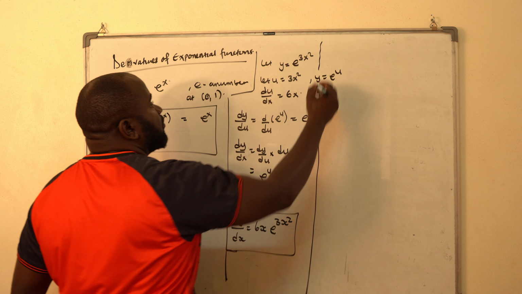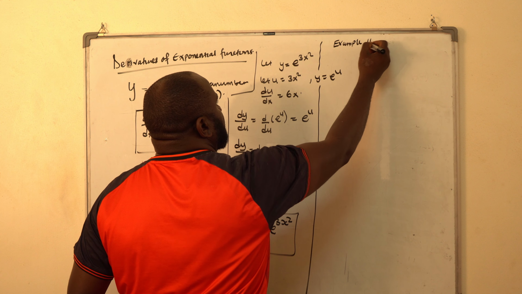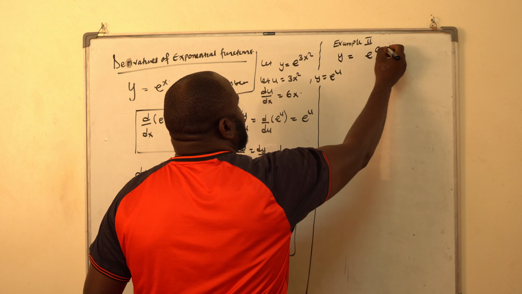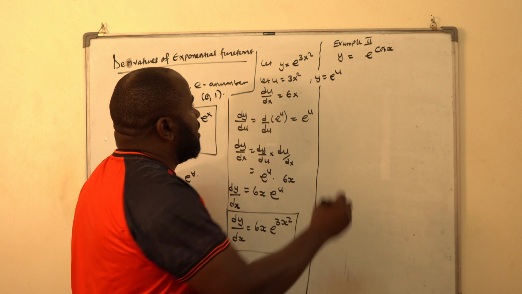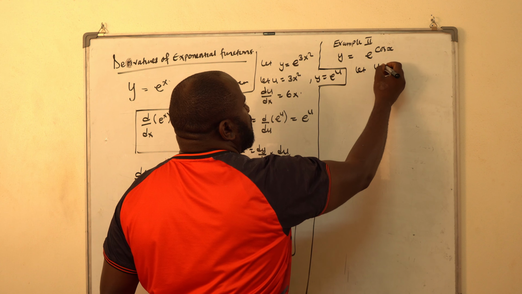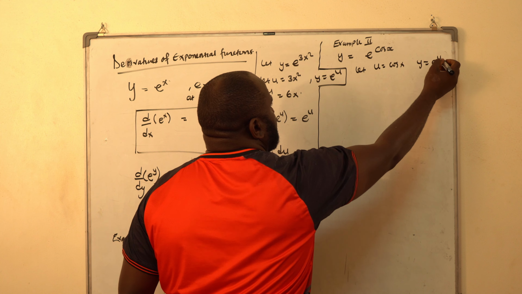Example 2. Given y is equal to exponential cos of x, we can let u be cos of x, then y will be e of u.